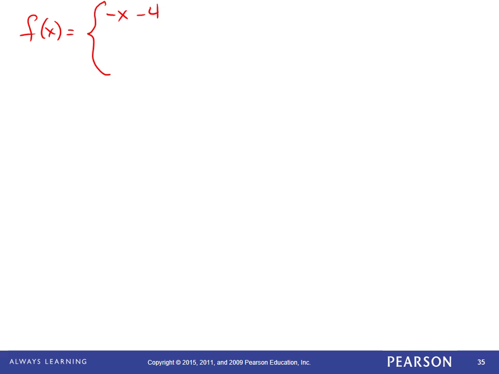Let's say x is less than or equal to negative 2, so I'm using the top, the function going down. The middle section is the stuff in between everything.